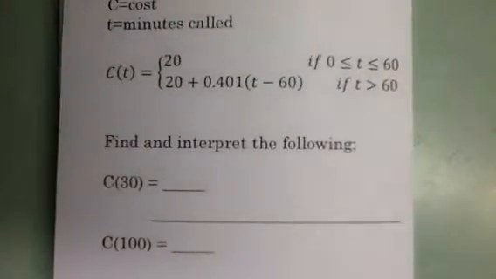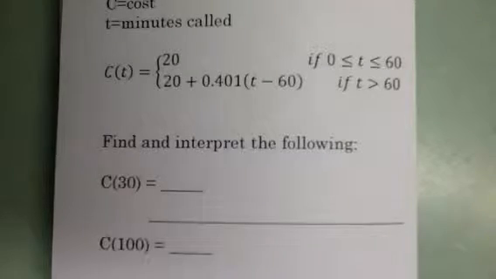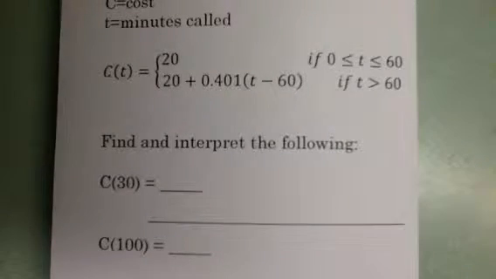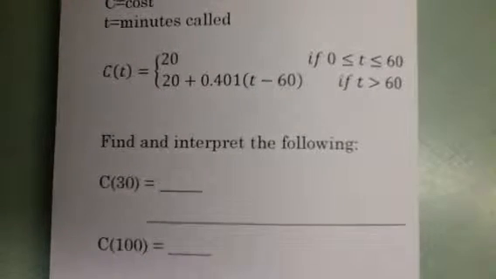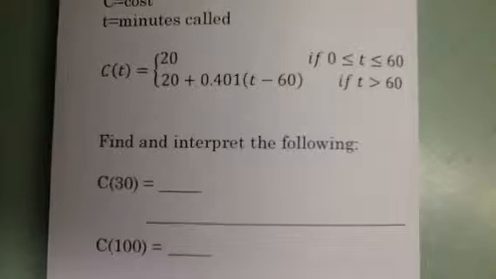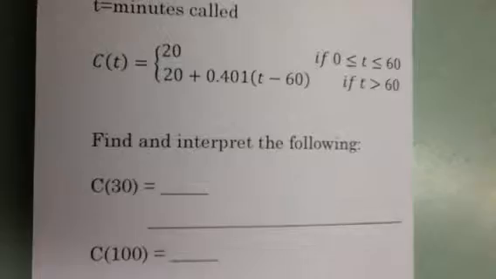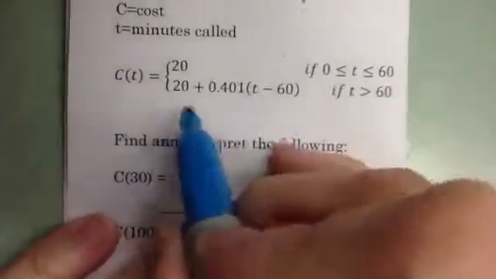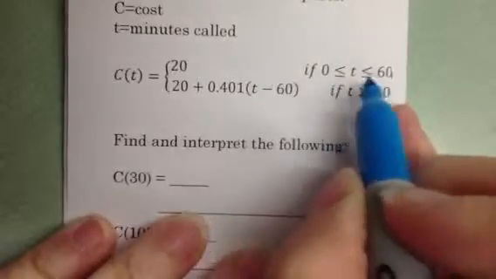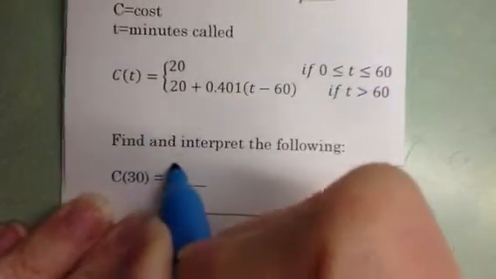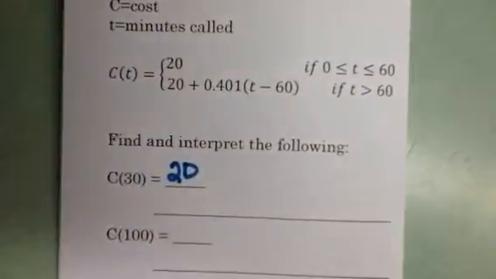This is cell phone. You could read that, but C of 30 means what is the cost of talking for 30 minutes. So C of 30, if we come up here, between 0 and 60, the cost of 30 is going to be 20.